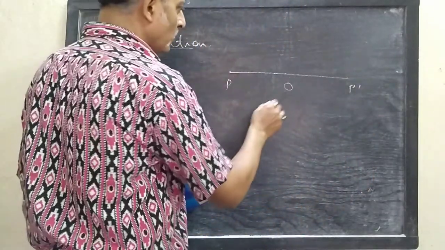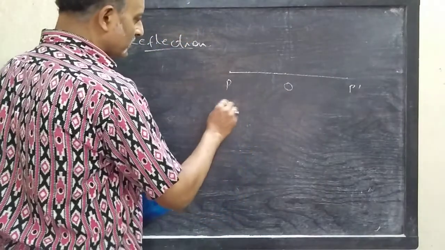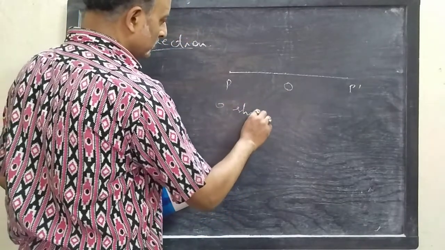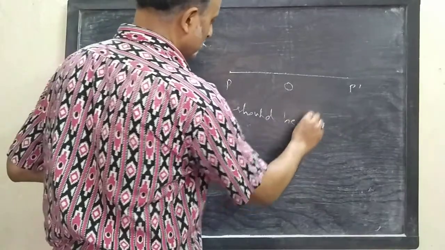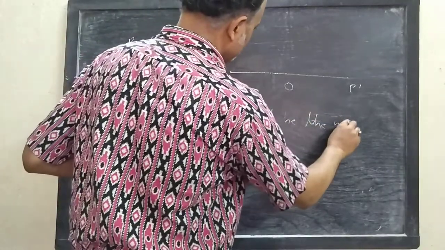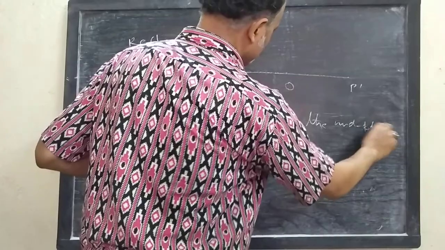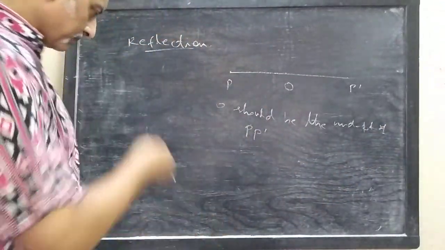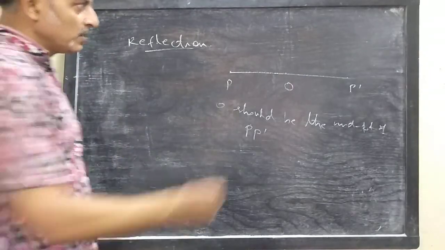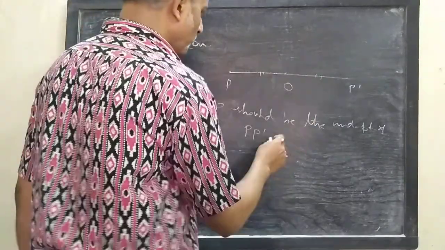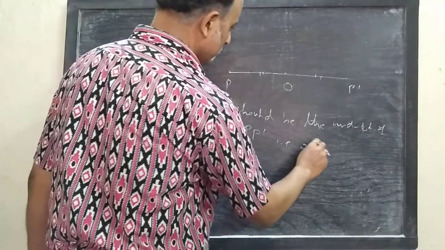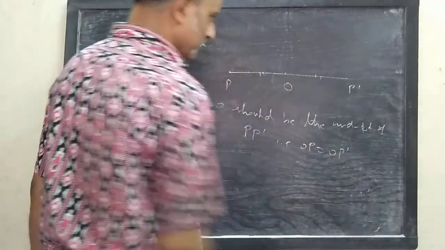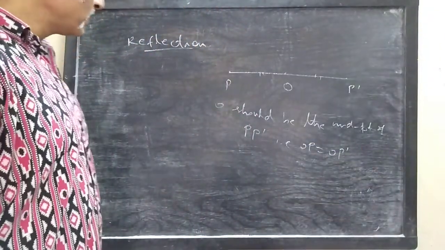In that case, O should be the midpoint of PP dash, that is, OP equals OP dash. This is the simple definition of reflection.